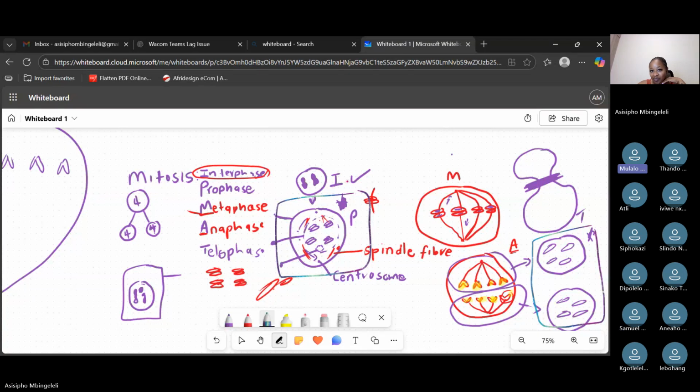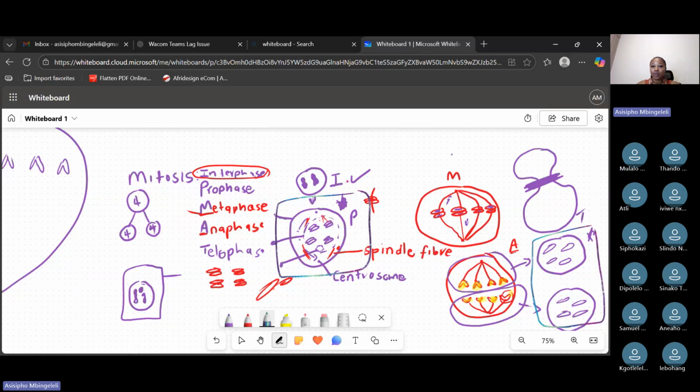Or in telophase. In telophase are unreplicated. Okay. So it's important that I do this because that's how we mark. In telophase are unreplicated. In prophase, they are replicated. So when we answer, yes, ladies and gentlemen, we need to answer in full.